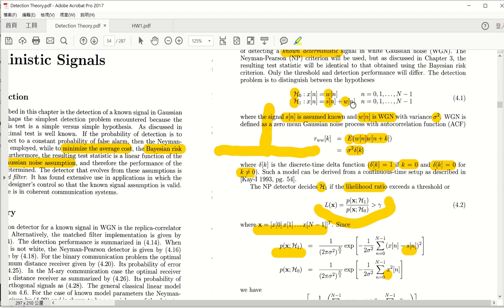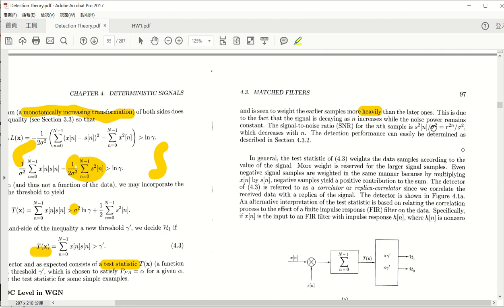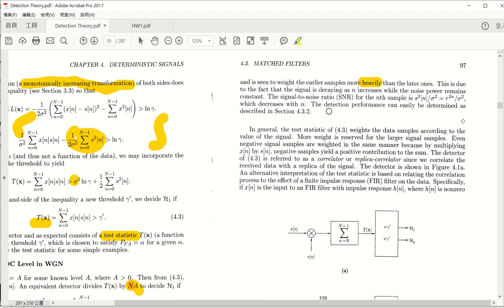For whatever n, its noise variance is always sigma squared, so it does not change. So we just write out what happens here: we will have s to the 2n over sigma squared, which decreases with n. The detection performance can be easily determined as described in 4.3, which we will talk about later.